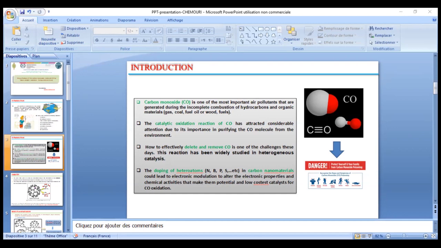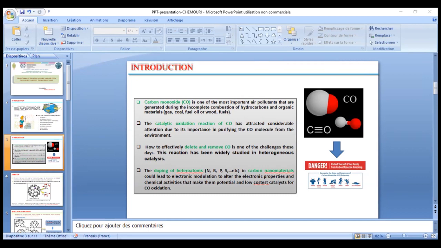Some of the substances emitted are, for example, ozone, nitrogen oxides, volatile organic compounds, etc. Among these, we can name carbon monoxide, which is one of the most important air pollutants, generated during the incomplete combustion of hydrocarbons and organic materials.